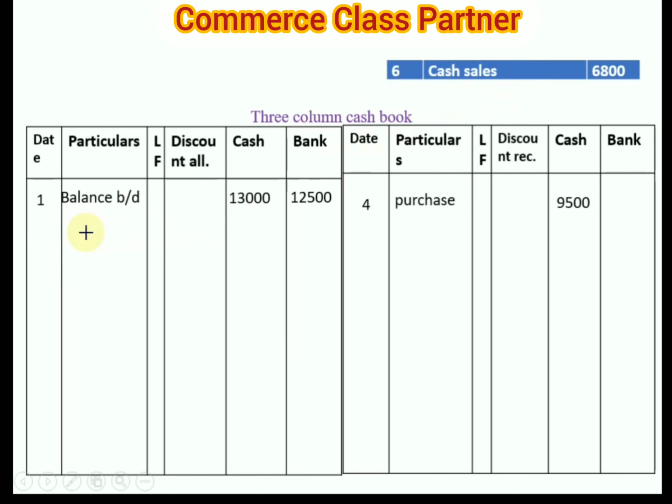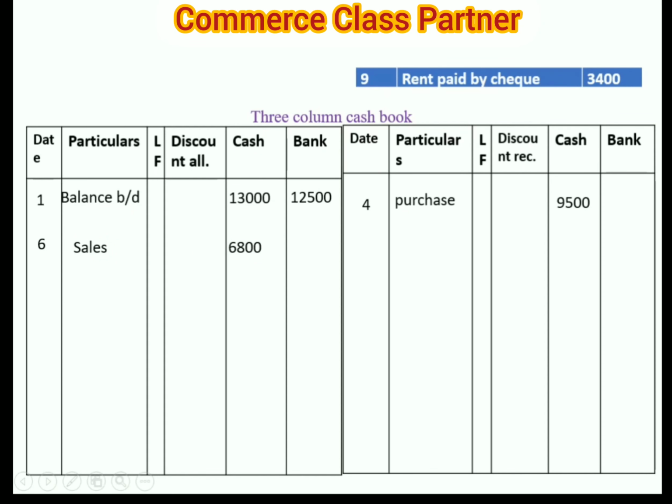Sales should be entered on the debit side, and we have received cash for sales, so the amount 6,800 should be given on the cash column. Let us enter the transaction. Given the date, sales is debited and the amount is given on the cash column.